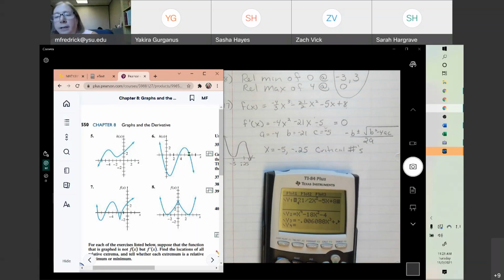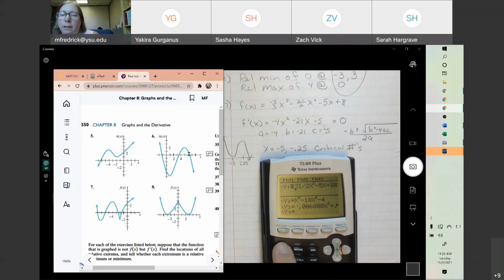And then second in table, I'll delete what was there, and I just want a negative 5 and negative quarter.